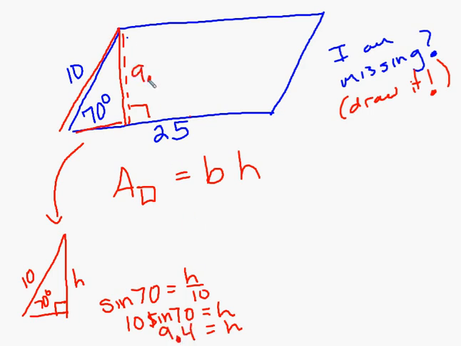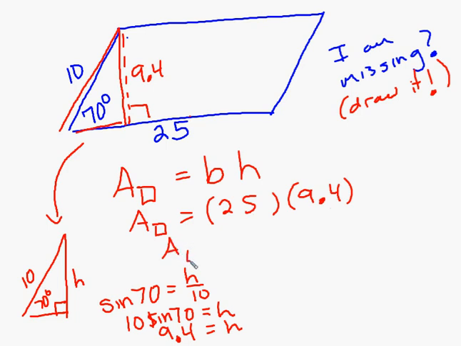So this is 9.4. Now I'm able to go ahead and find my area. What's my base? 25. And my height is 9.4. Now why isn't my base 10? Because the perpendicular line is not perpendicular to the 10.